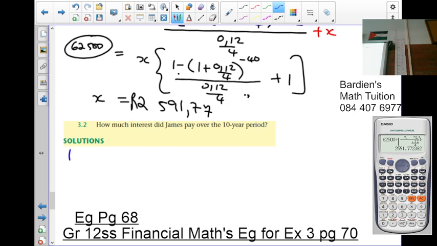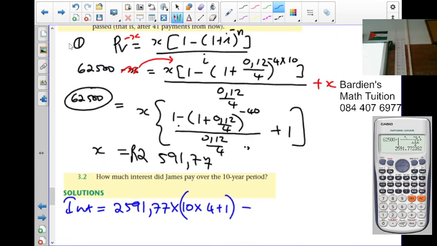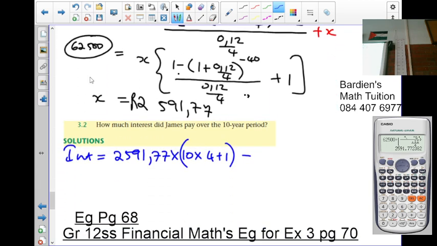So the interest is simply, he's paying 2,591.77 for 10 years, per quarter. And he paid one payment extra, minus the loan amount of 62,500.